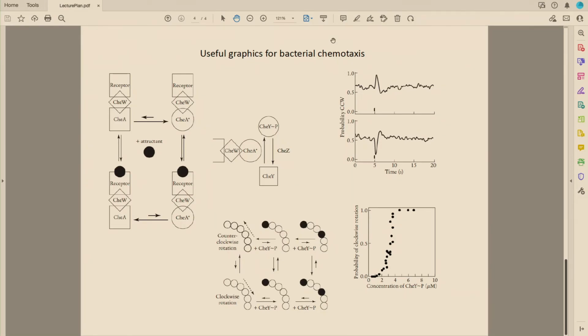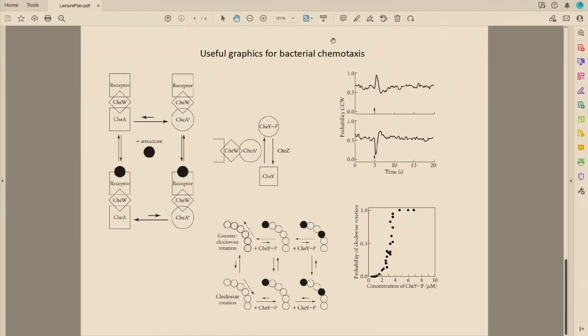So there's this thing called CheY, which can be phosphorylated by the CheA guy inside the cell, and when CheY is phosphorylated, it's still free to move in the cell. And where does it go? It goes to the motor. And a phosphorylated CheY, when it finds the motor, changes the probability with which the motor switches from going counterclockwise to clockwise and vice versa.